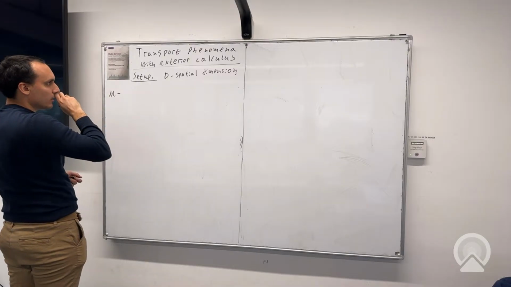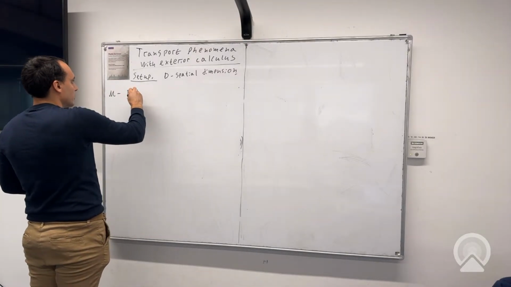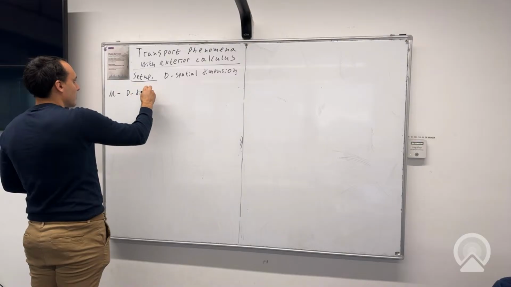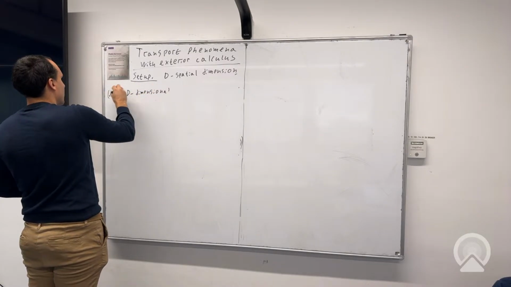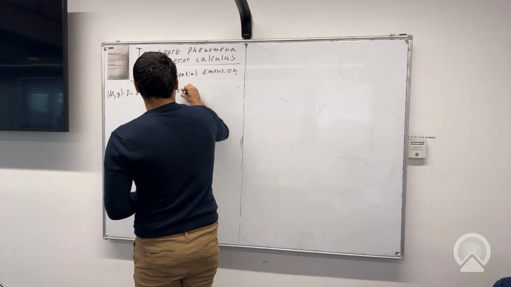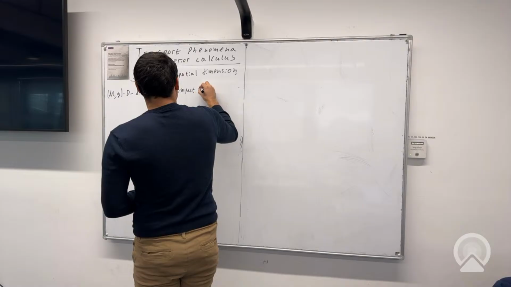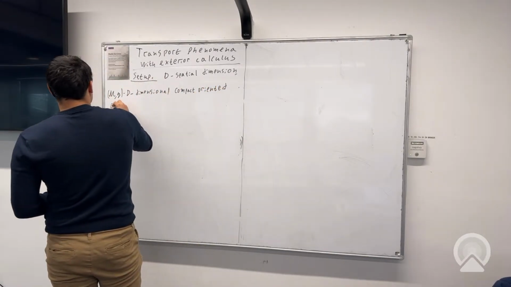M is D-dimensional, maybe with G, a compact oriented Riemannian manifold.